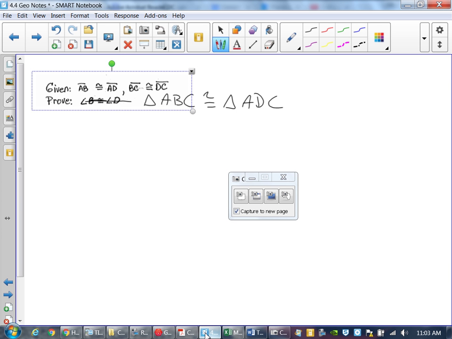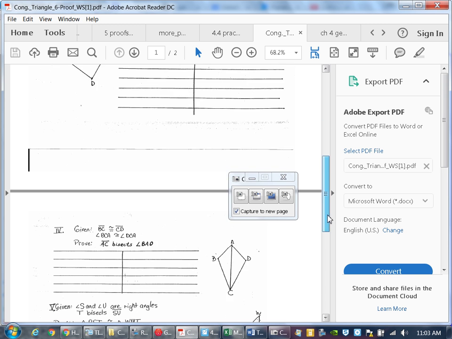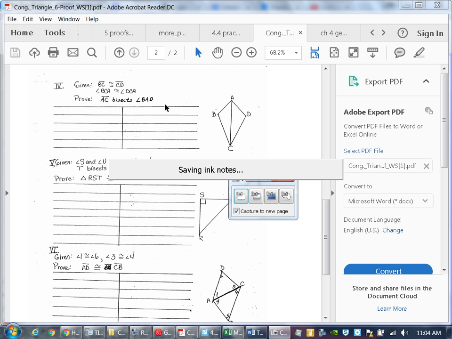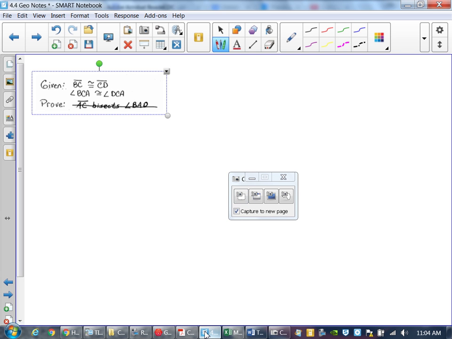So do that for this one. Flip it over. Same thing. Cross out where it's talking about the bisector part. And do, again, the same triangles, ABC and then ADC.